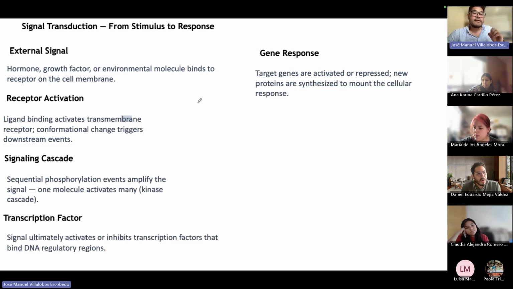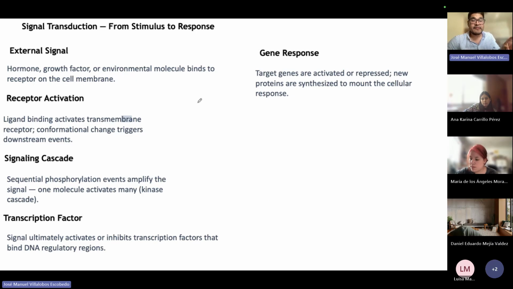But usually there is an external signal like a hormone, growth factor, or environmental molecule that binds to receptors in the cell membrane, and these receptors change something, for example by modifying phosphorylation reactions. After that, there is receptor activation by ligand binding, and these receptors start signal cascades.